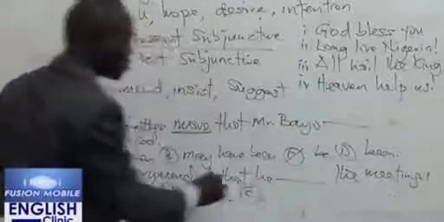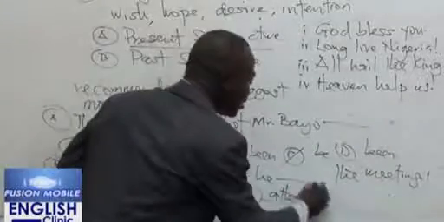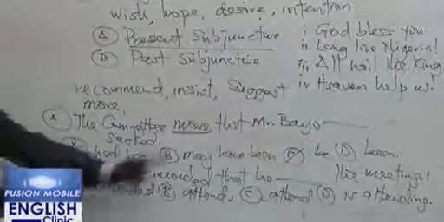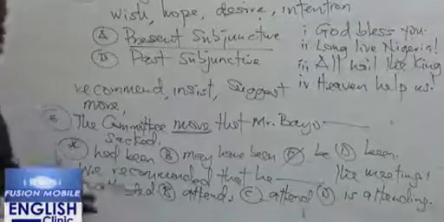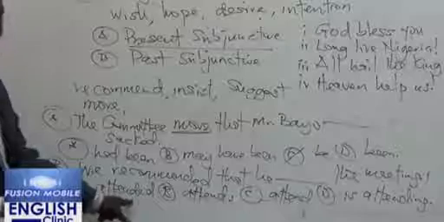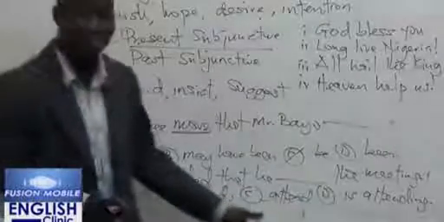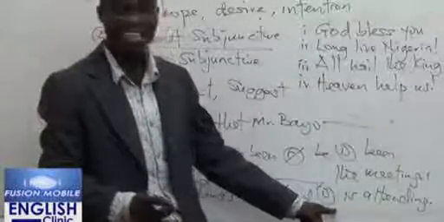C, attend. And D, is attending. We recommended that he dash the meeting. A, attended the meeting. B, attends the meeting. C, attend the meeting. And D, is attending the meeting.